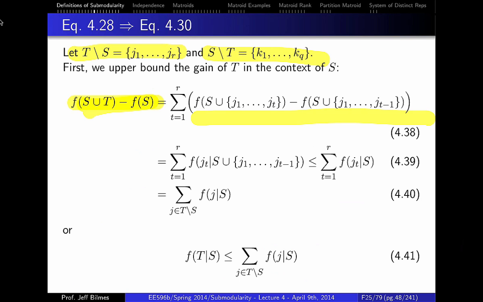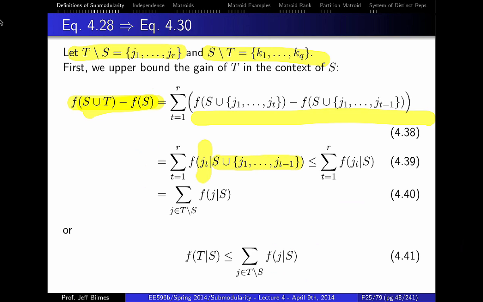Basically the left element of the first term is just f of S union T, and the right element of the last term is just f of S, and we're adding and subtracting the same number in each case. That can then be written in gain notation. Notice that each one of these is the gain of Jt in the context of S union J1 through Jt minus 1.